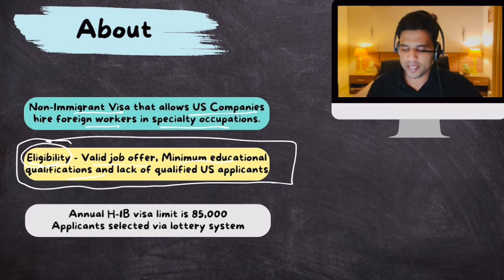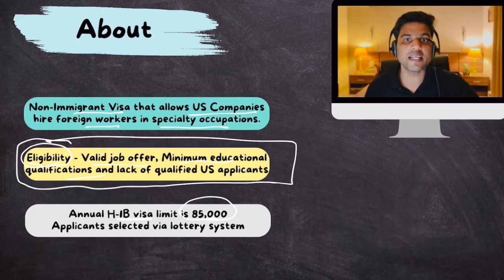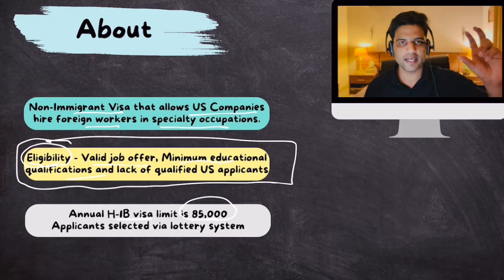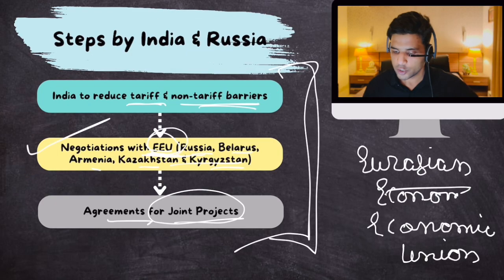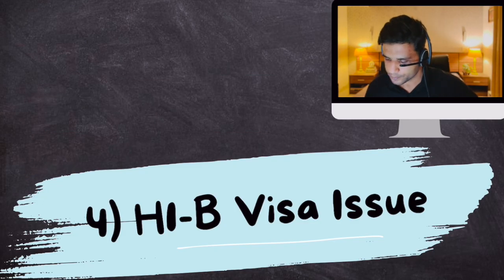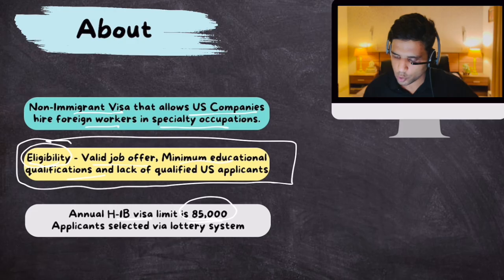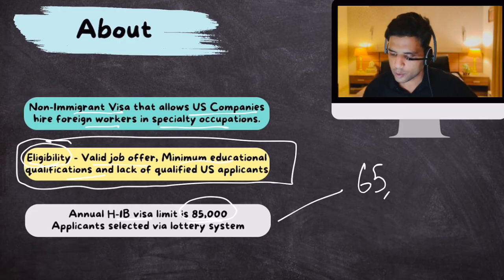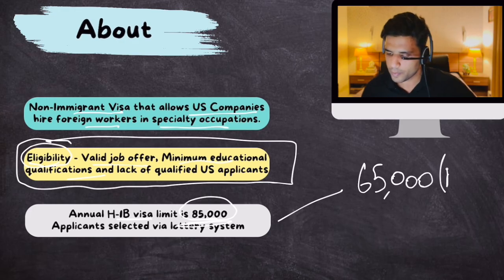Now, every year, annually, 85,000 H1B visas are issued. So there is a quota in H1B visas. There is a cap. Not more than 85,000 H1B visas can be issued. 65,000 visas among these 85,000 would be normal.